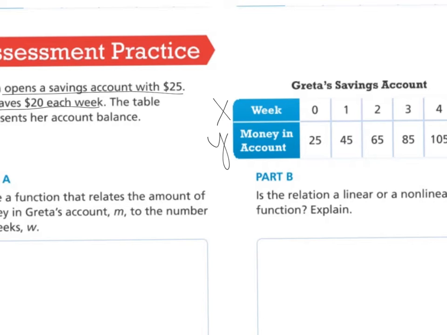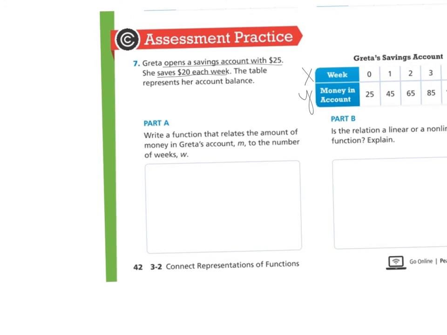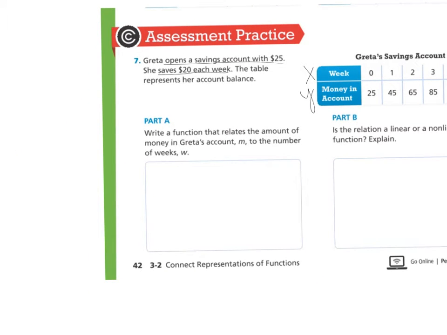We want to see the change in how much money is in the account here. So our money in the account M is going to be like our y. So normally we had like y equals mx plus b. This one is a little confusing because we've got an M instead of our y.